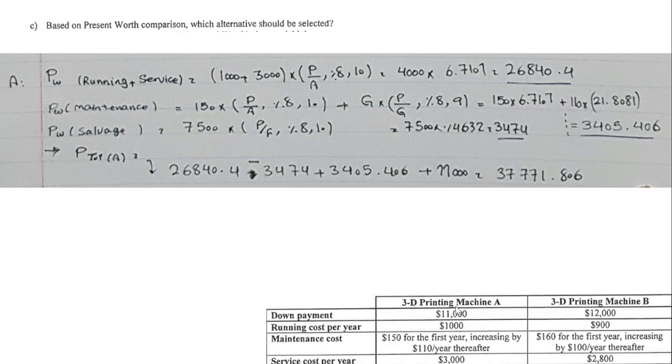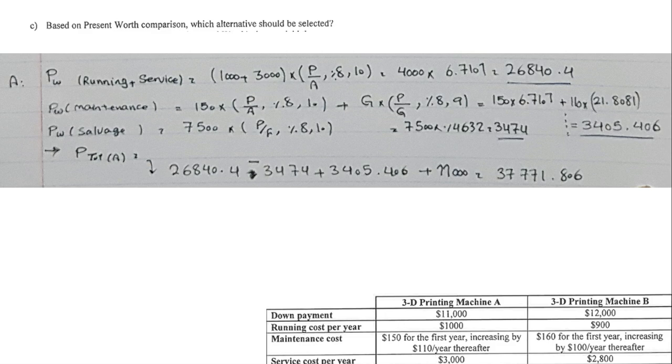The total life of this project is 10 years, and the interest rate is 8%. The total value, which we find from the compound table, would be 26840.4. This is the present worth for the annual cost.